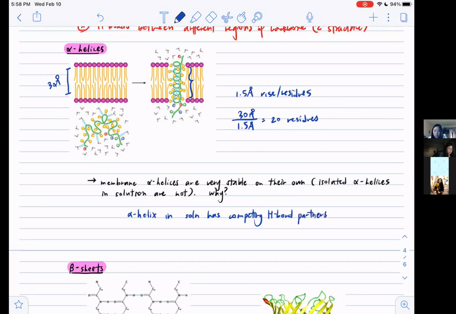So if you think about that for a moment, what this means is that the denatured backbone can hydrogen bond with water. So the alpha helix in solution is less stable relative to its denatured form.